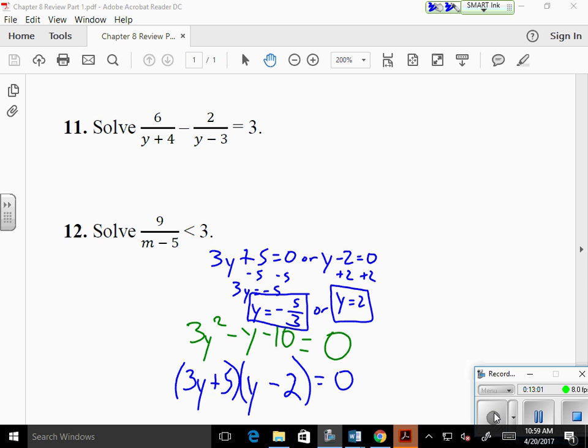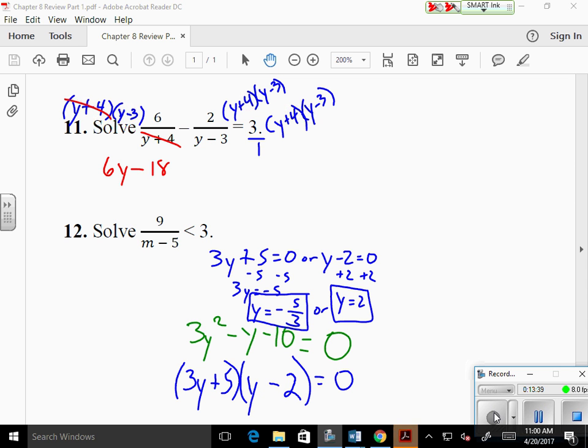The other way to approach this problem is to look at the least common multiple of all 3 terms. So if you have a y plus 4, a y minus 3, and a 1, then if you multiply every term by the least common multiple, which is y plus 4 times y minus 3, then what happens is the first term, the y plus 4's will cancel, so you're left with 6y minus 18.